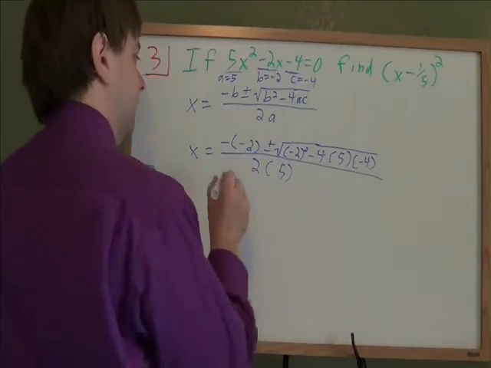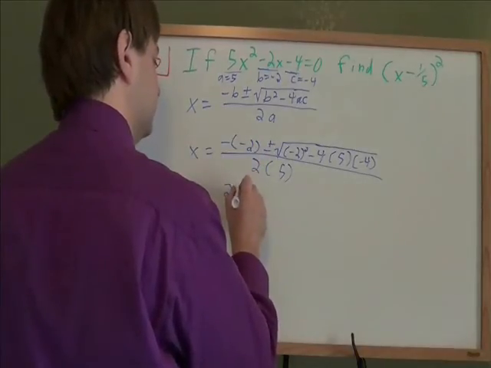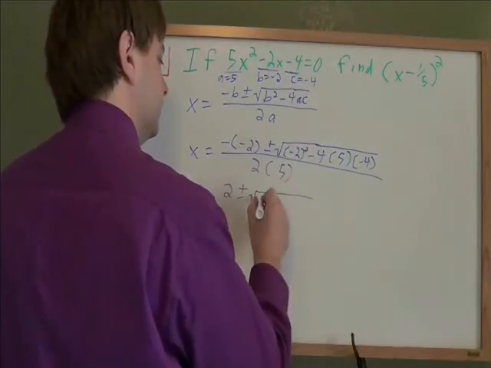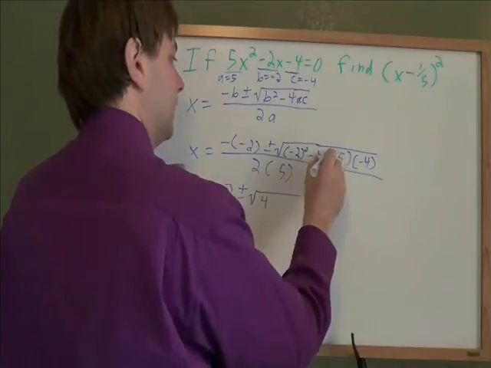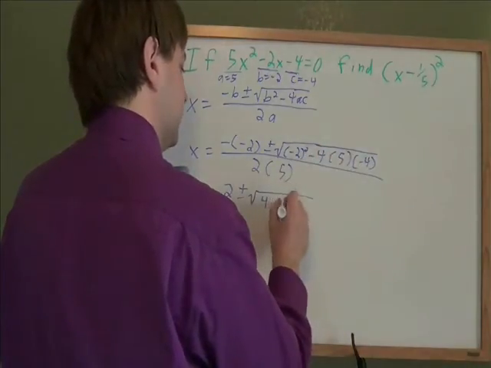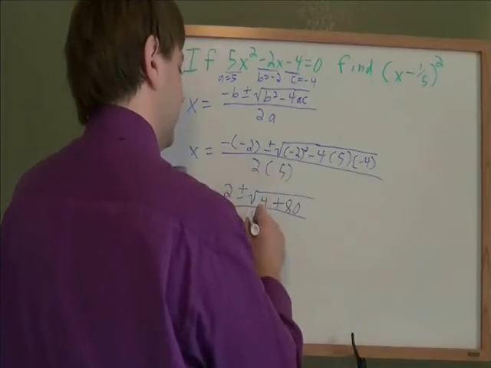And then there's a lot of simplifying. Negative negative 2 is positive 2. Negative 2 times negative 2 is positive 4. Negative 4 times 5 is negative 20. Negative 20 times negative 4 is plus 80. All over 2 times 5, which is 10.